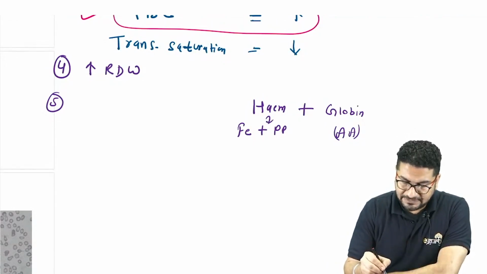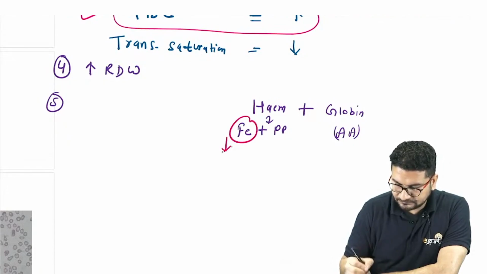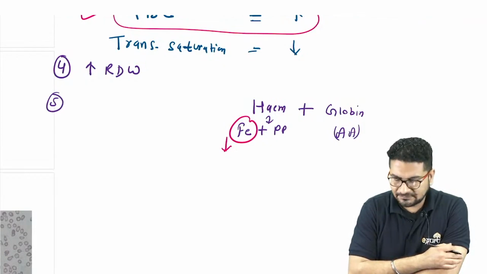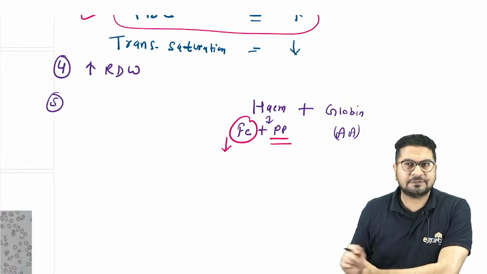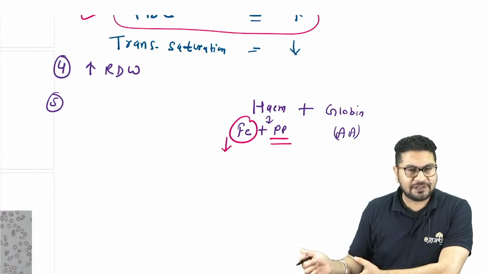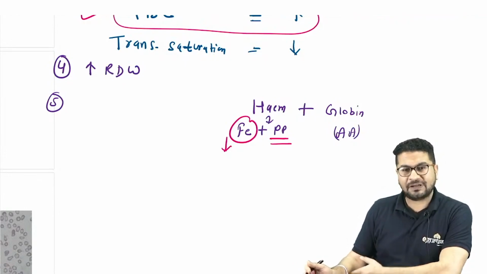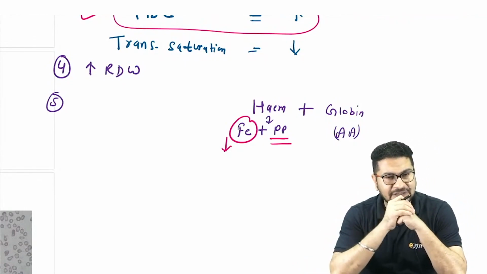Now see, the body is having less iron. It means protoporphyrin is freely available because the body is having less iron. Generally it is bound with iron, but now it's available freely.